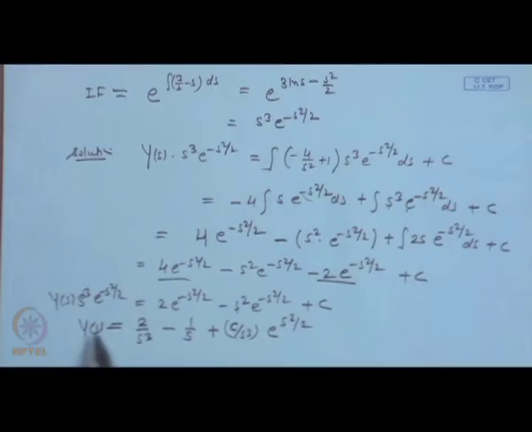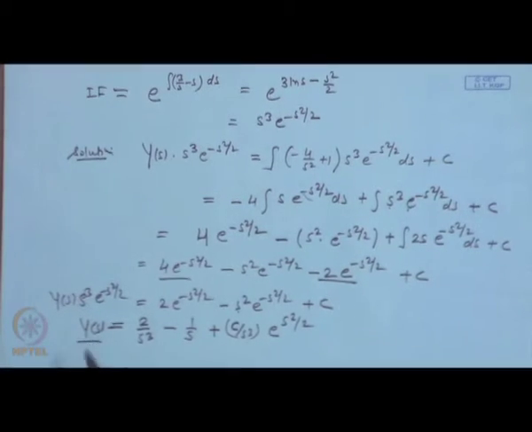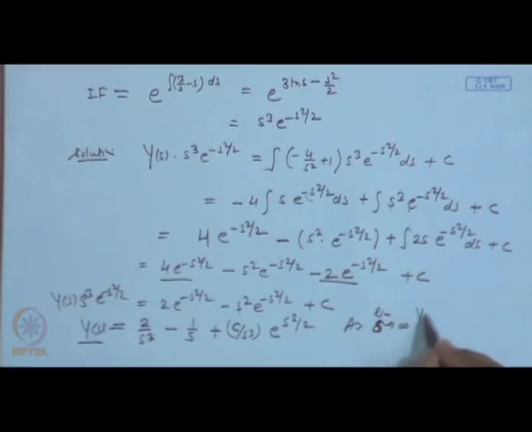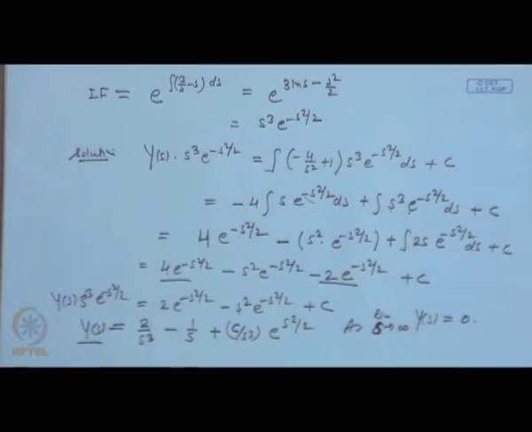Here there is a point that this y s is the Laplace transform of this y, and as a property, if this is the Laplace transform of a piecewise continuous function of exponential order, then as s approaches infinity, this must go to 0. So, as limit s approaches infinity, this y s must go to 0, and this is only possible if we see here e power s square by 2 sitting.